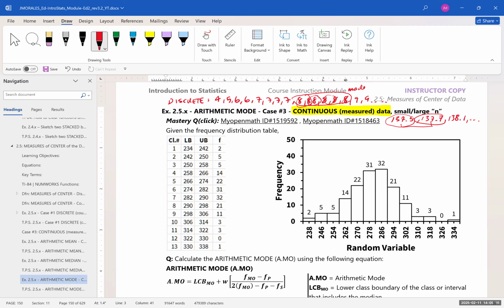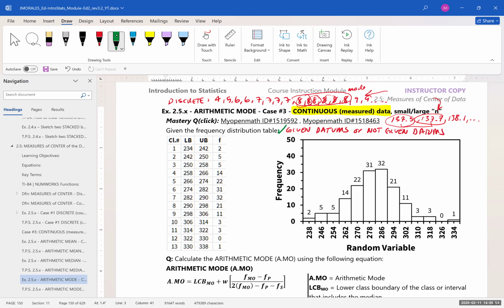If you use Microsoft Excel or Google Sheets, the mode function will work with something like the discrete data, but it's not going to work correctly for something like this. And so when you're trying to calculate the arithmetic mode of a data set, you want to do it regardless of whether you're given the datums or not given the datums.